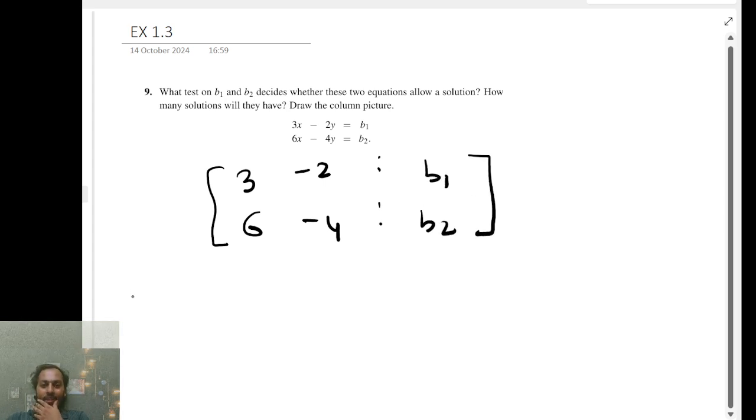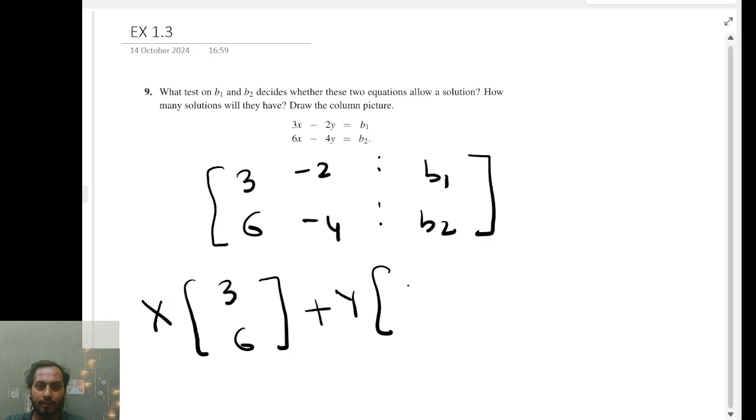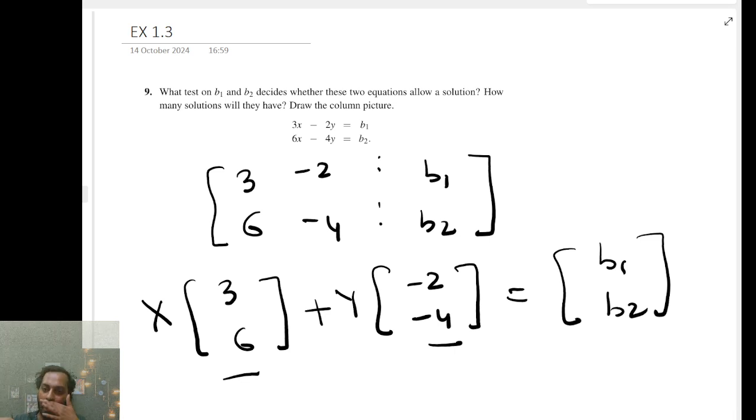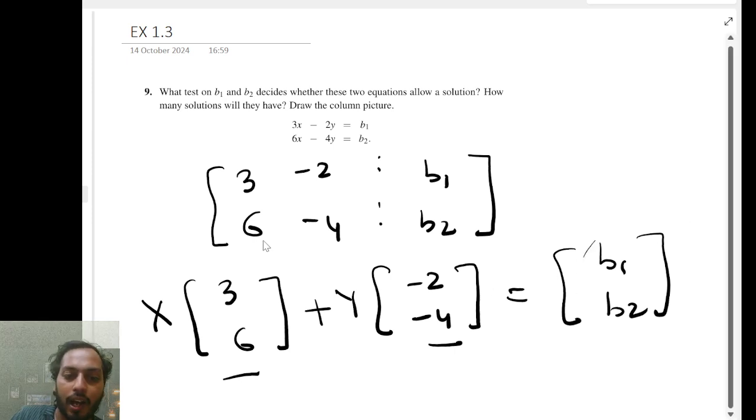Now when you see these vectors in a column picture, my first vector is 3, 6, my second vector is minus 2, minus 4, and I want to combine them in the right way to reach b1, b2. But are you seeing that again both vectors lie on the same line? 3, 6 and minus 2, minus 4 lie on the same line. What type of points can I reach? Those which lie on the same line, right? Are you seeing that?